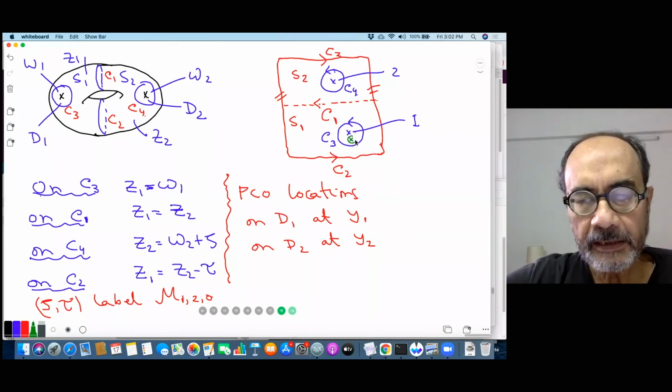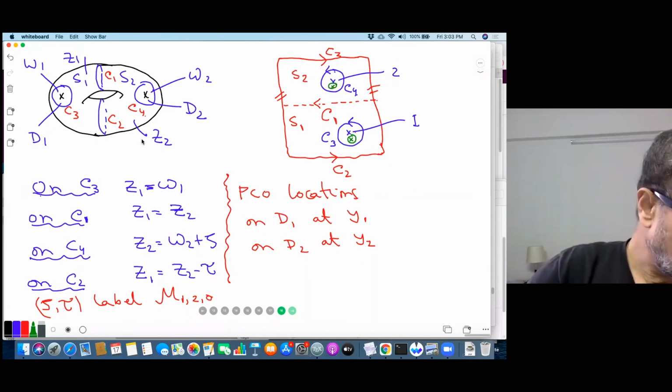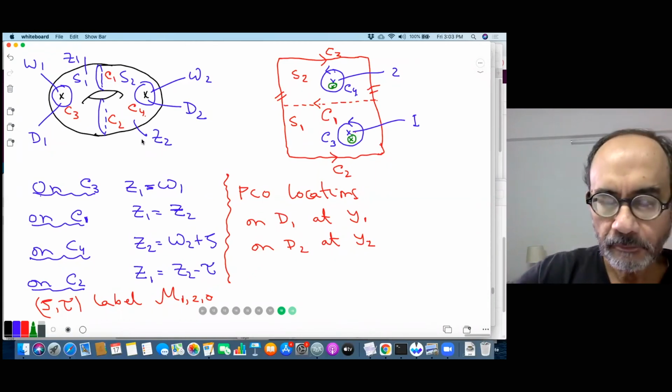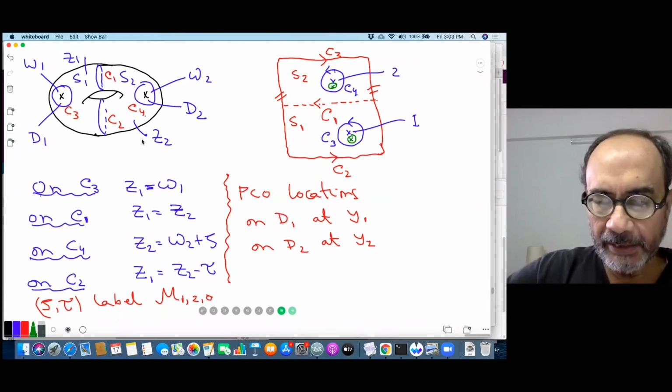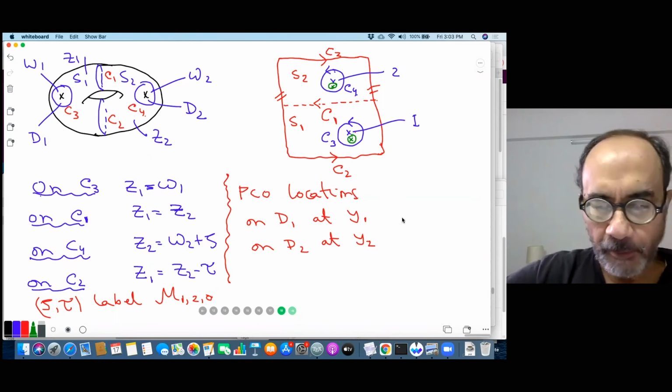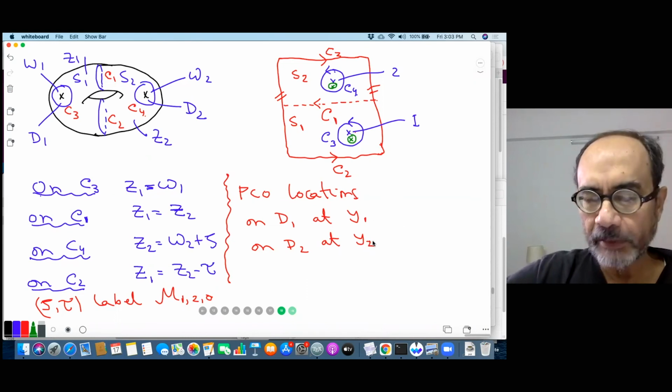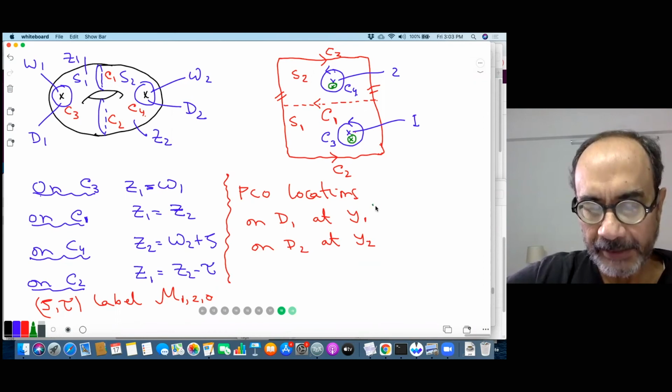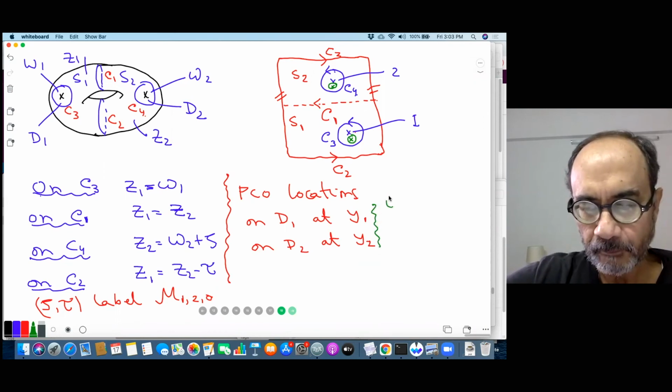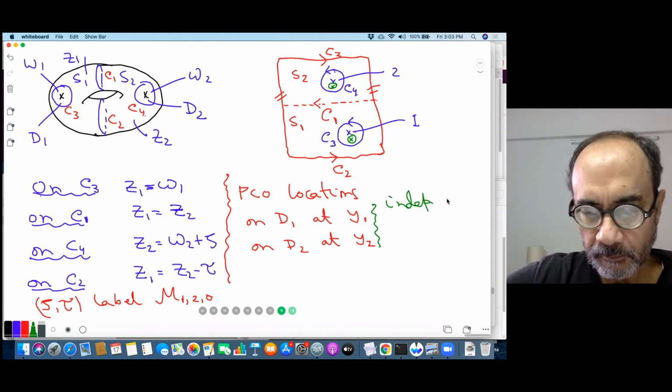One here and one here. Now I'll take these to be independent of zeta and tau. I could have made them vary with zeta and tau, but this is by choice, not by necessity.